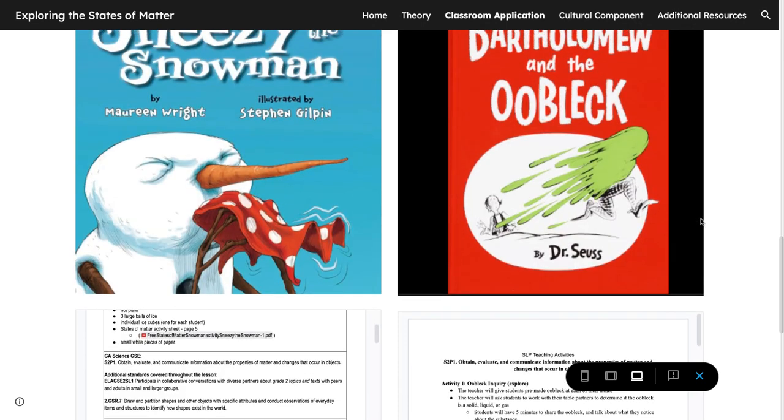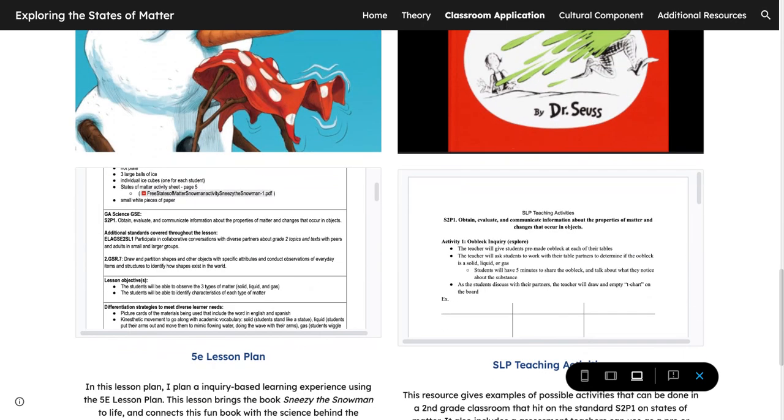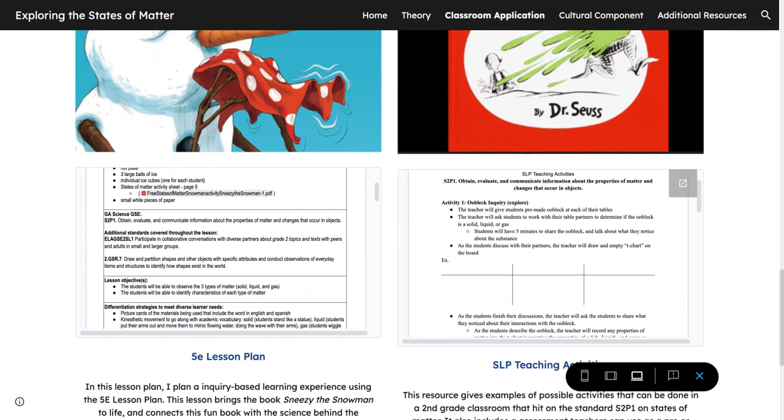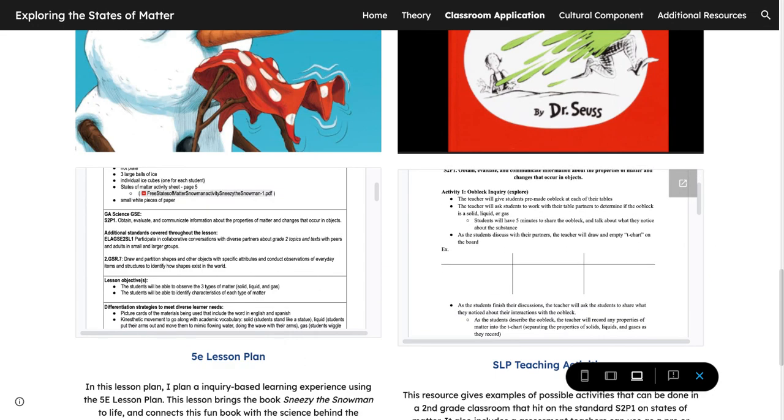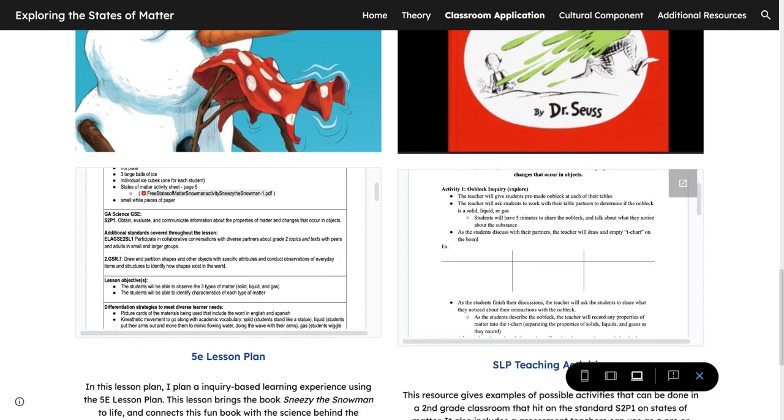And then the second one is Bartholomew and the oobleck. And so for this SLP, we were asked to create some teaching activities. So the first one that I created was also an inquiry-based lesson where teacher gives students pre-made oobleck. This would be after they've already talked about the properties of each state of matter.